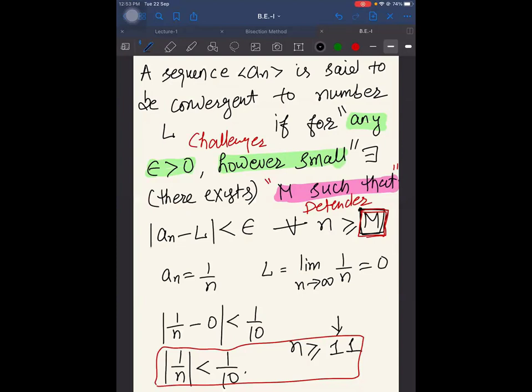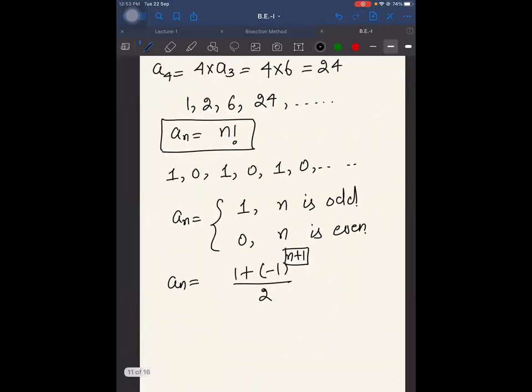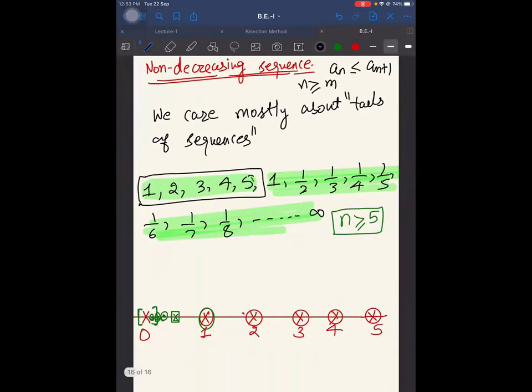We only care about those infinitely many terms which appear after n is greater than or equal to 11. Even in an increasing or a decreasing sequence, you should consider the same idea: if the head is bad, you can easily skip that.